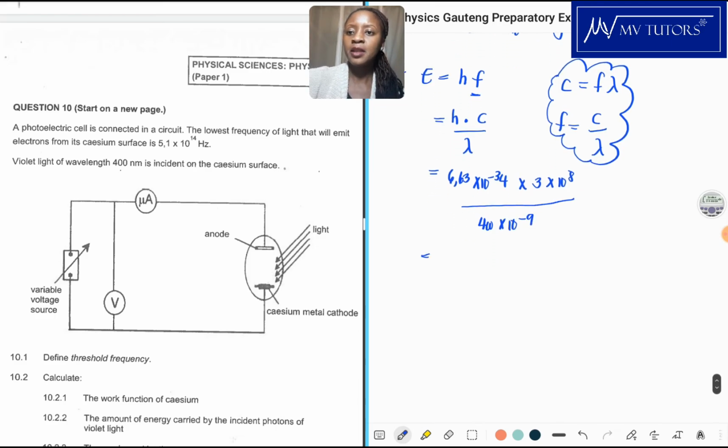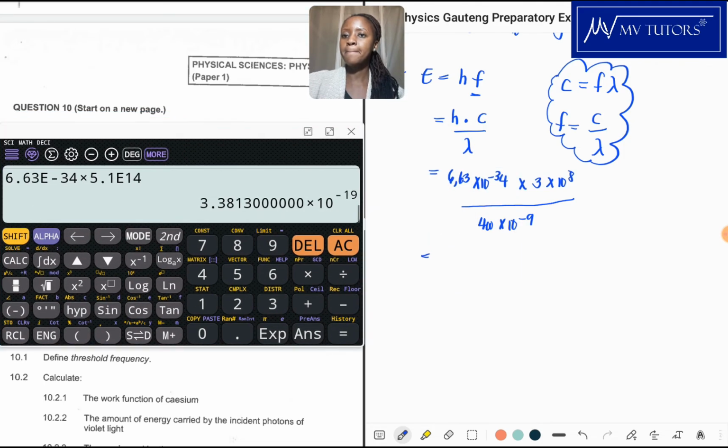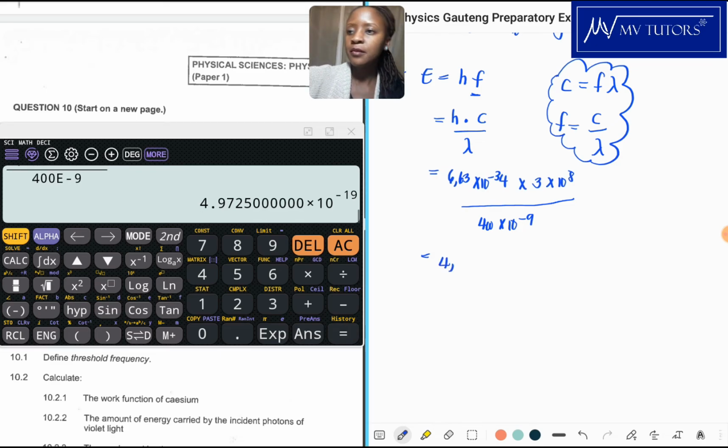Then we're just going to calculate it real quick. 6,63 times 10 to the negative 34 times 3 times 10 to the 8 all over 400 times 10 to the negative 9, and we get 4,97 times 10 to the negative 19 joules.